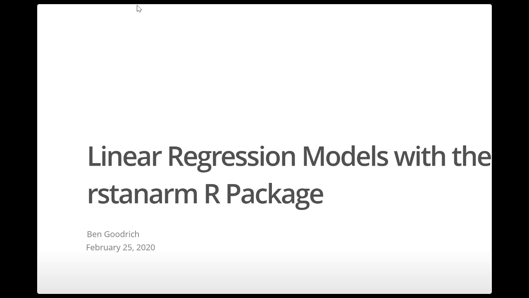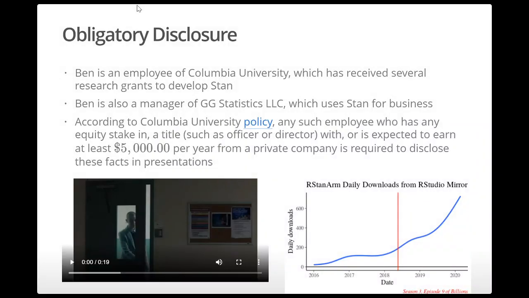Okay, so let's get to it after reviewing the fact that Columbia developed Stan with a lot of grants. Actually, RStanArm that we're talking about today, I don't think specifically has, but Columbia doesn't distinguish between the different types of Stan.